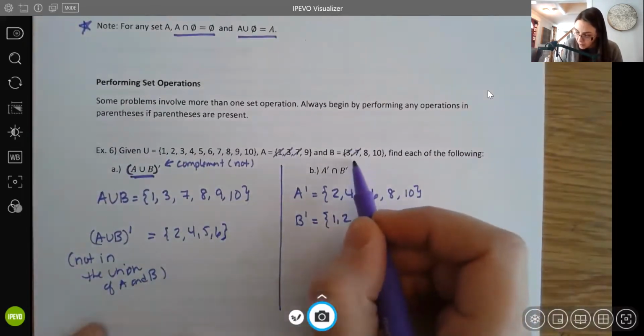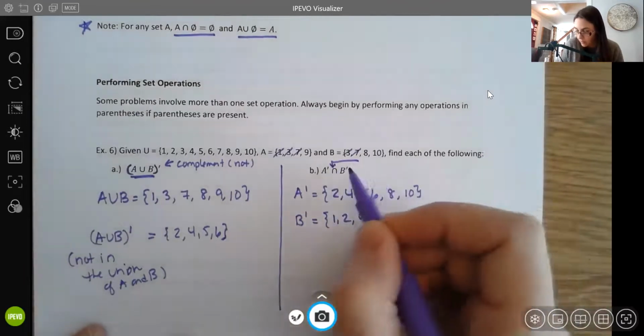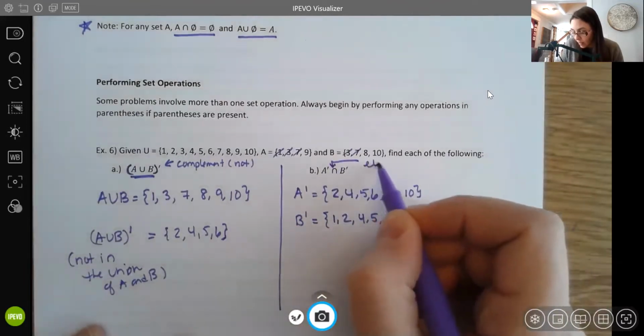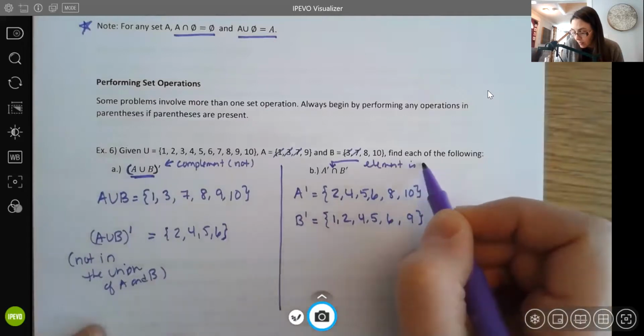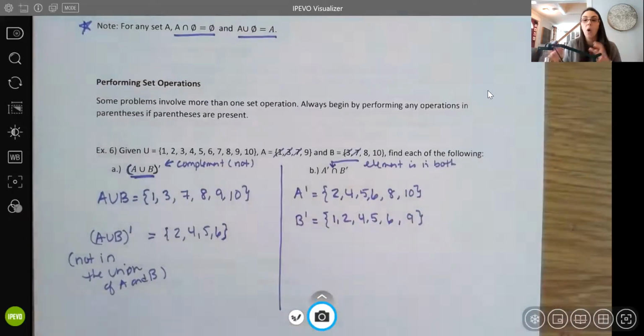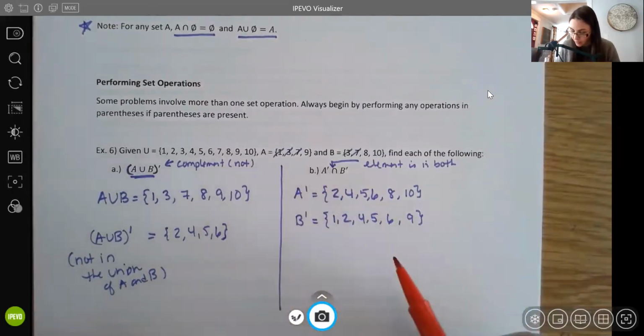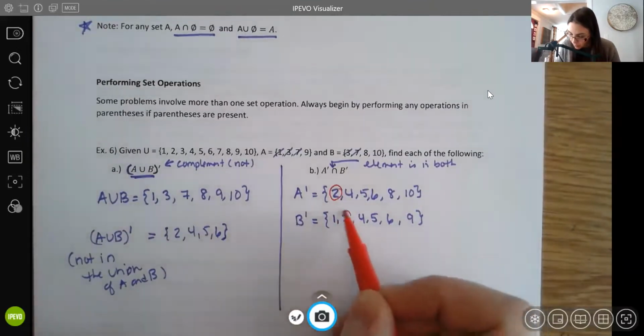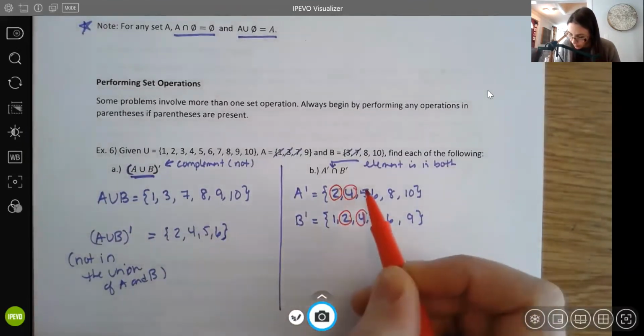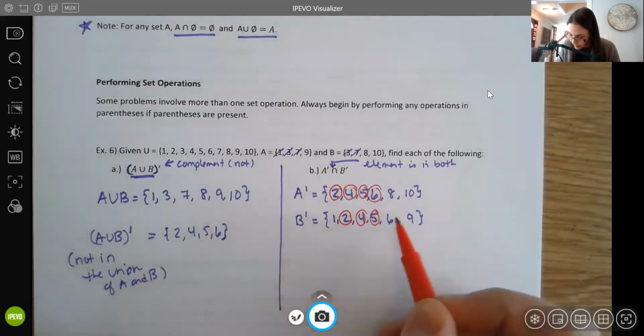Now I want to find the intersection of these sets. So the intersection of these sets means that the element is in both. That's where we overlap in the Venn diagram. So what elements are in both A naught and B naught, or A complement and B complement? I see 2, I see 4, I see 5, I see 6.